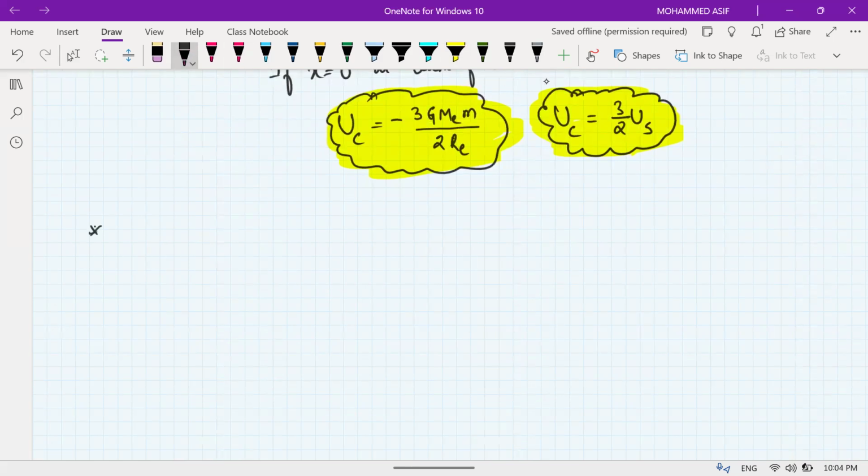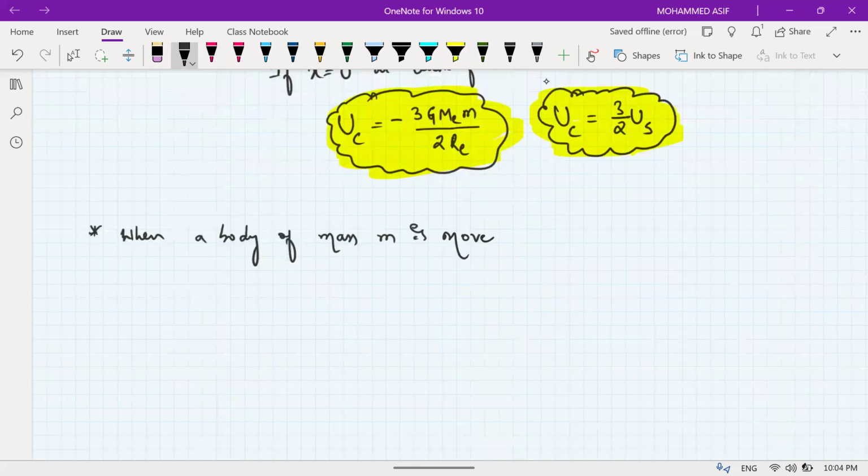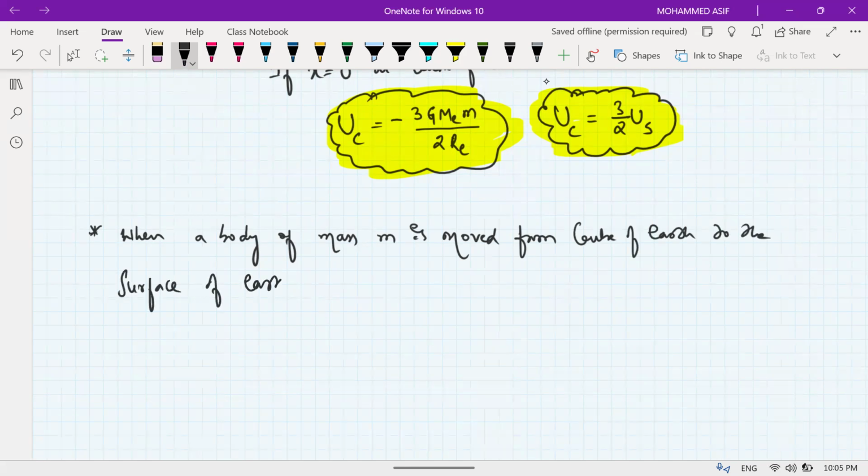Small application. When a body of mass m is moved from center of earth to the surface of earth, then what is the change in potential energy?